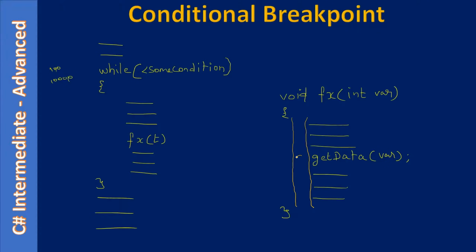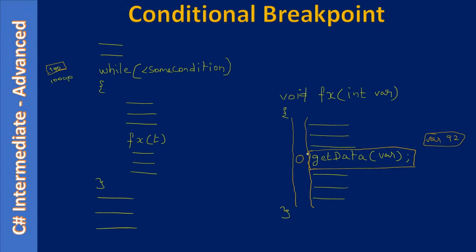Now let's state that we are keeping a breakpoint here, and let's assume that the while loop goes for 100 times, and you want to examine get data when variable is holding a value 92. So let's say this is where you get some different behavior in the application, or you get your logical fault when var is holding the value 92.